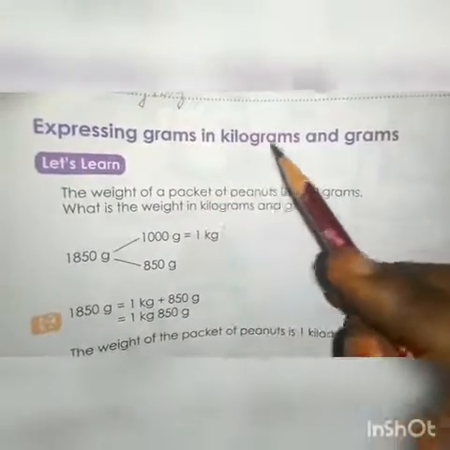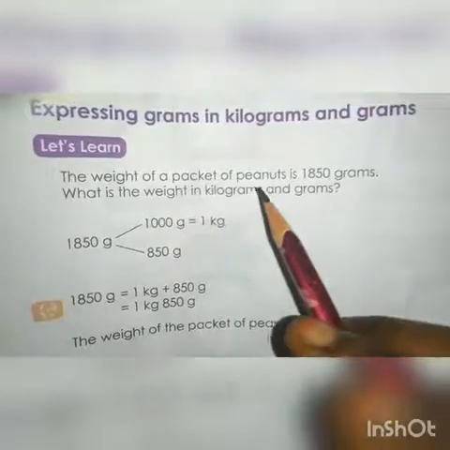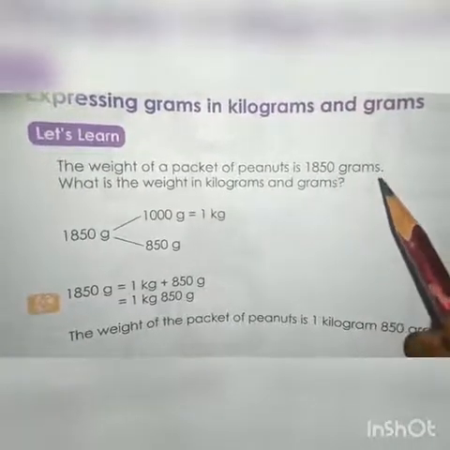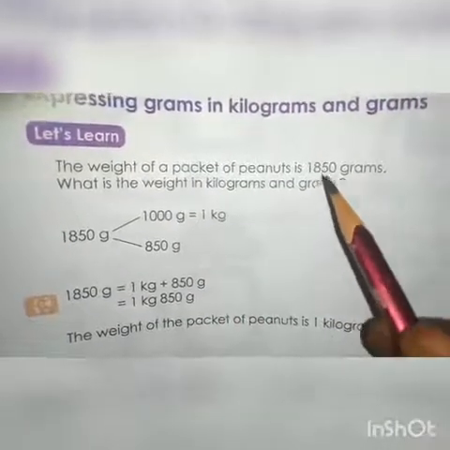Expressing grams in kilograms and grams. The weight of a packet of peanuts is 1850 grams. What is the weight in kilograms and grams?